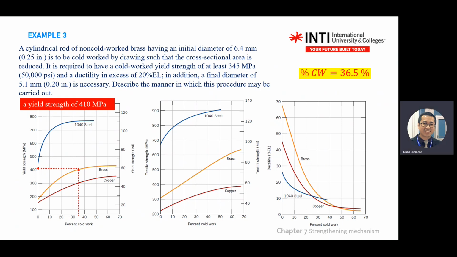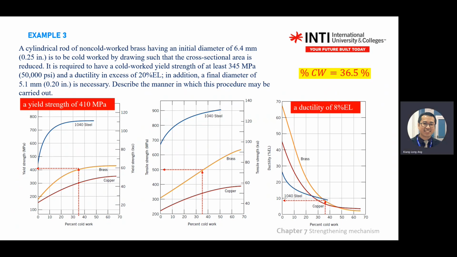In the exam, if this kind of graph gives you the answer, I can accept up to 430 maximum. More than 430 means you don't know how to read the graph. So you get a yield strength of about 410 megapascal. The tensile strength is roughly 500.